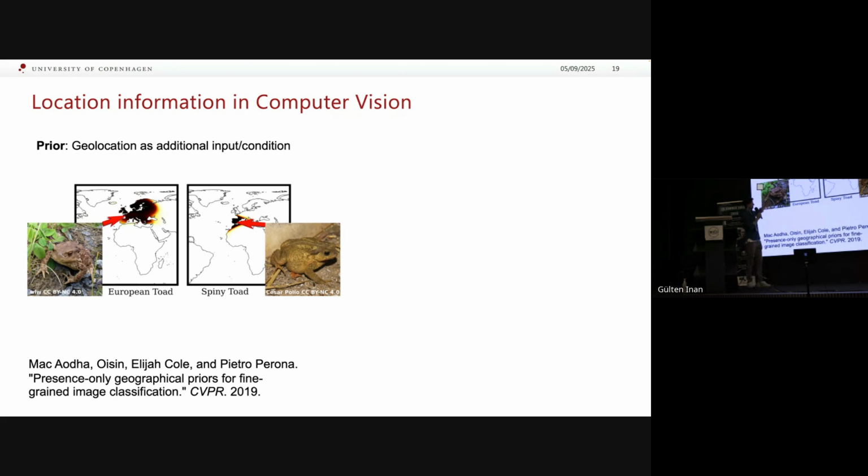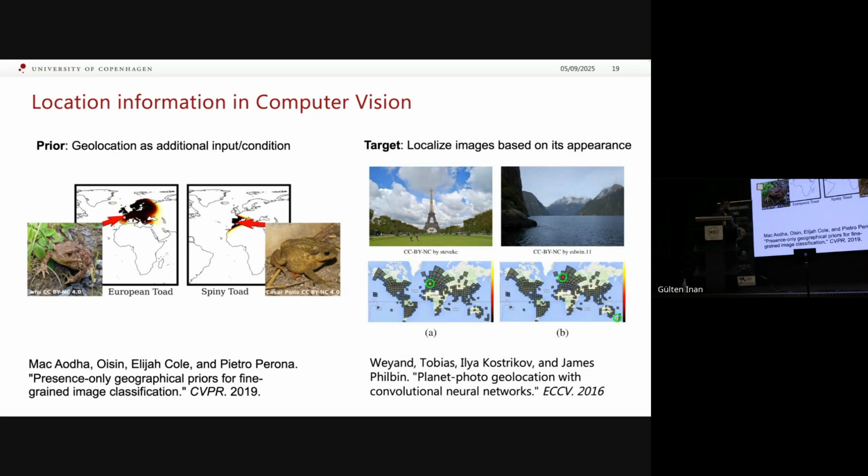So if two things look very similar in their appearance, the geolocation could actually help to separate that out. An alternative way of using geolocation is to use it as a target. So to basically take an optical image and then ask a model to geolocalize it, to put it on the map. And this is more towards how it is also used in pre-training.